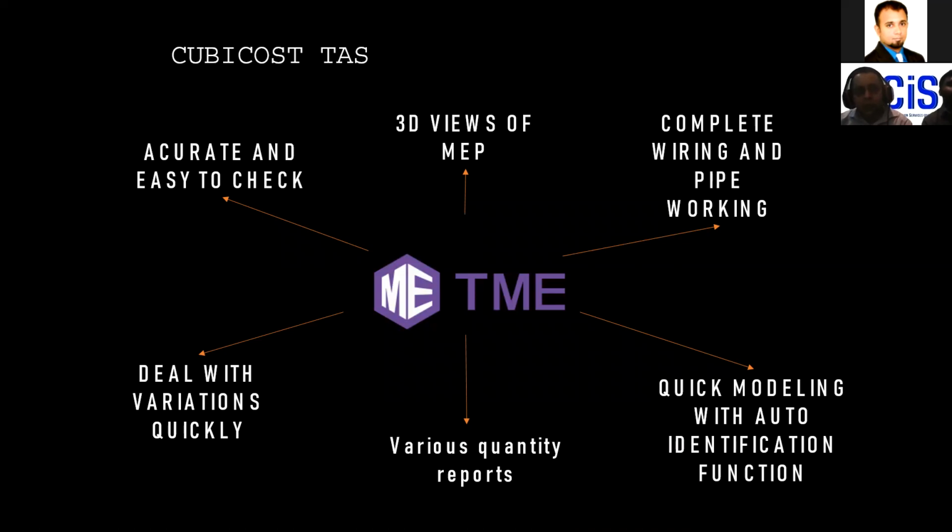So we can get a 3D view of MEP packages, wiring and piping diagrams. This is a great package. When we look into the new product launch, we think the Sri Lankan industry will have a leap on MEP quantities and MEP BOQs with this package.